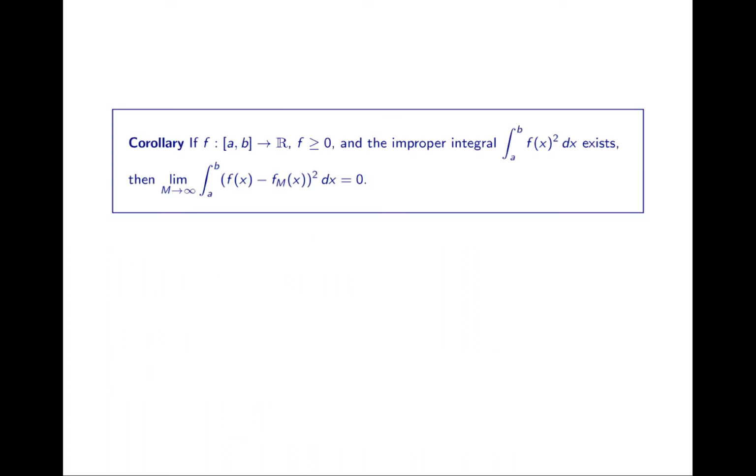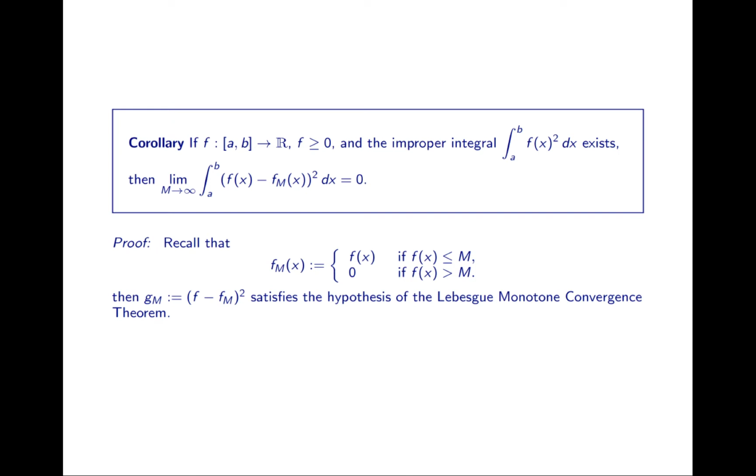So let's take a look at yet another corollary, which says that if f maps the interval a to b to R and f is non-negative, and the improper integral from a to b of f squared exists, then the limit as m goes to infinity of the integral of the difference between f and fm, squared, goes to 0. Now remember what fm is from our previous lecture. fm is just f if f is less than or equal to m and 0 otherwise.